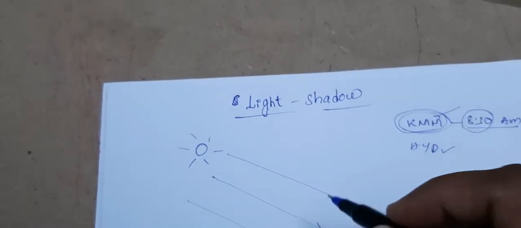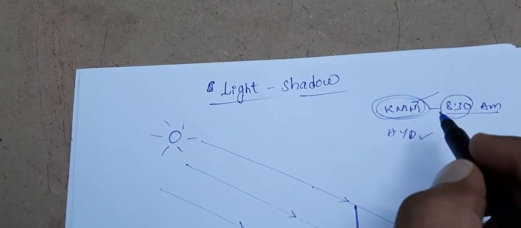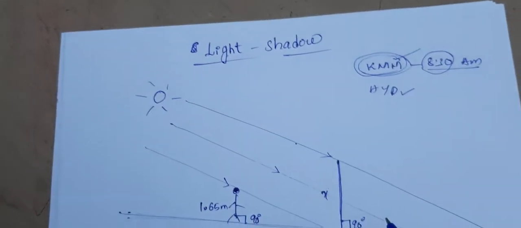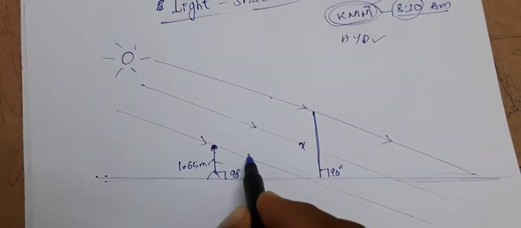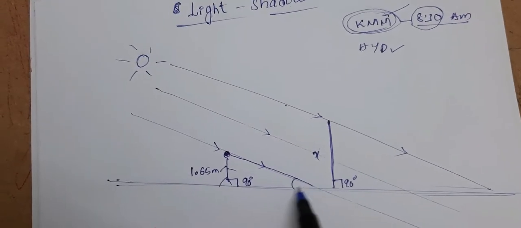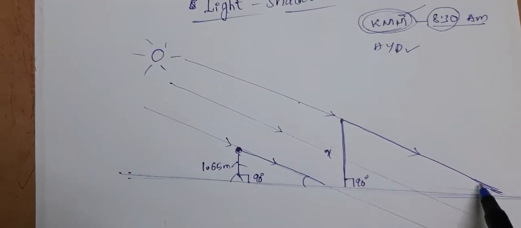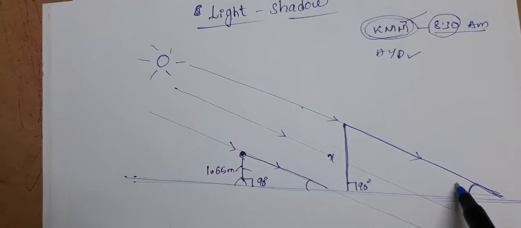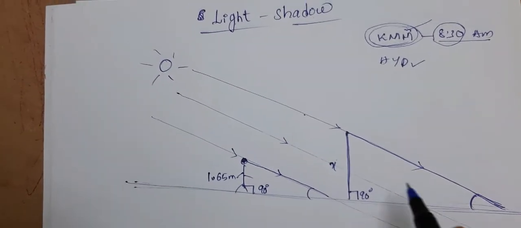In the same area at the same time, the sun rays are parallel, and they will make equal angles. So this is the sun ray, this is the sun ray. Both are equal angles, so these two are equal. We can prove both are similar triangles.